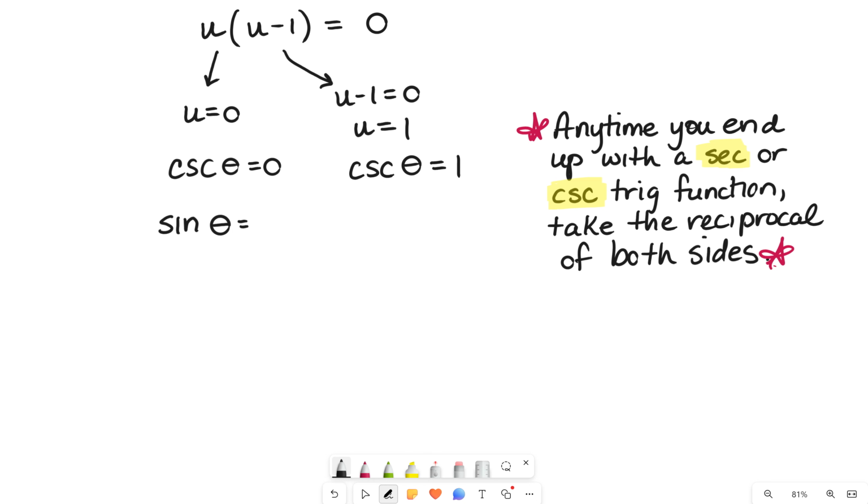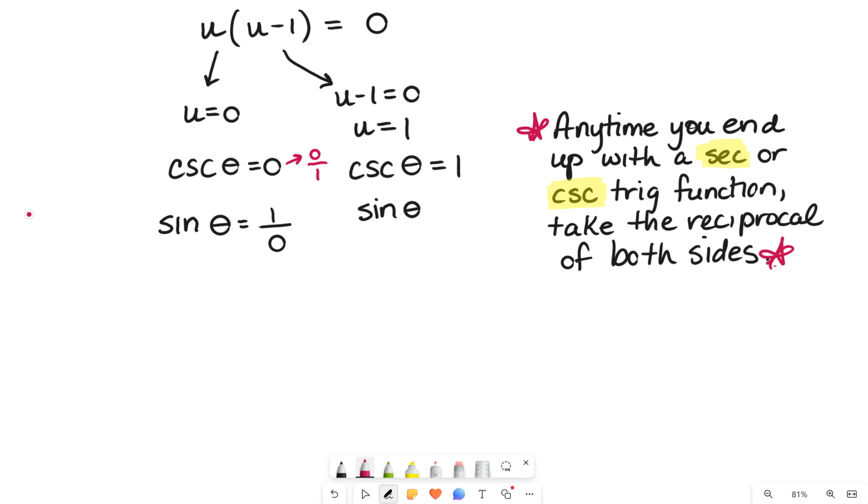Okay? And then I need to take the reciprocal of the number 0. Now you guys know that the number 0 is the same thing as saying 0 over 1. So if I take the reciprocal of 0, sine theta is going to be 1 over 0. Let's do the other one.